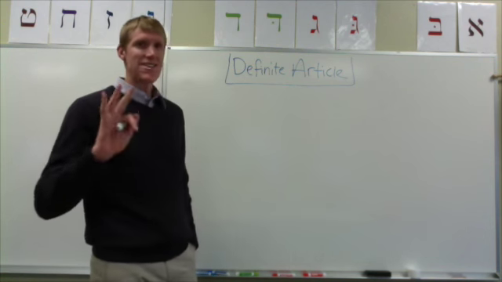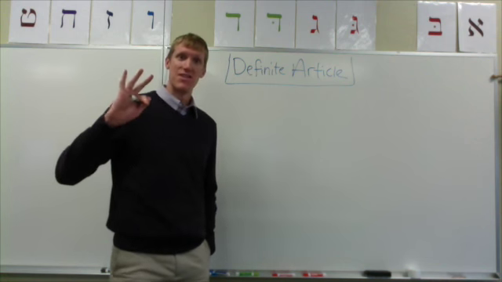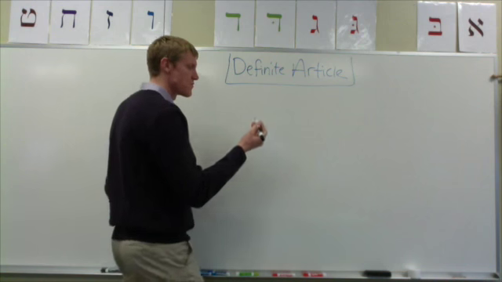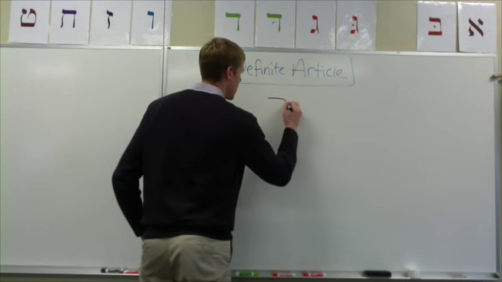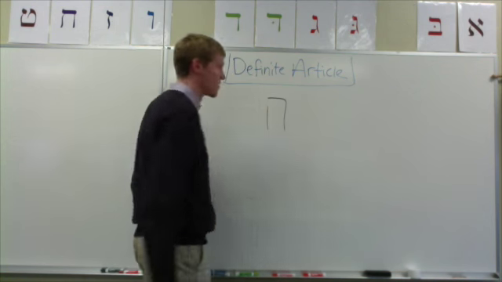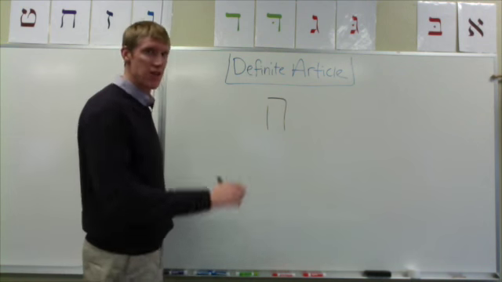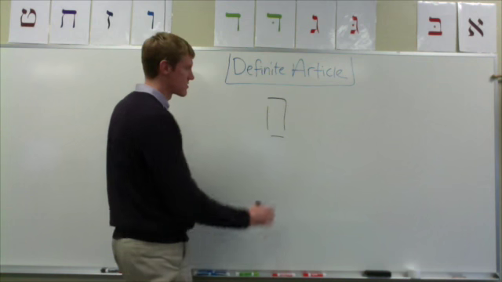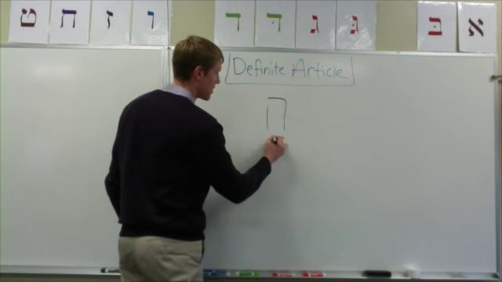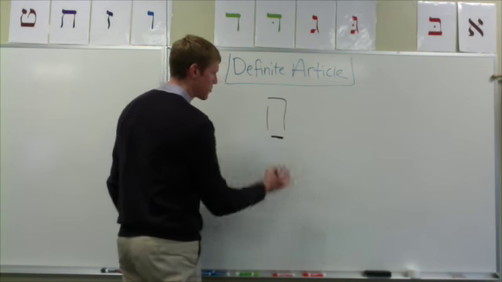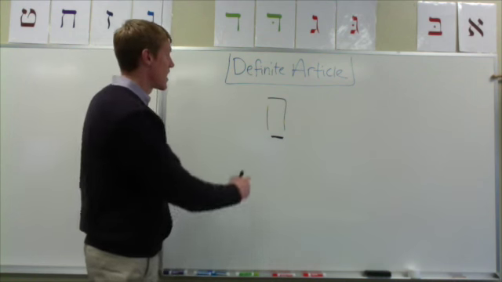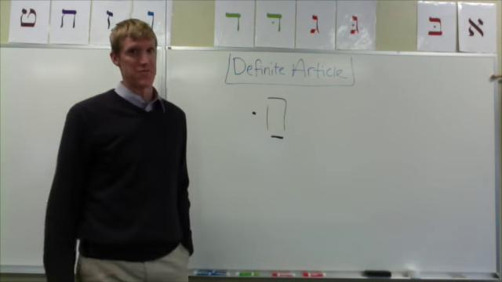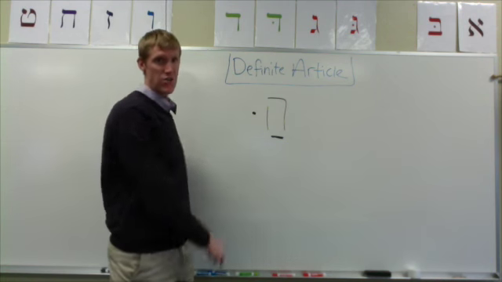There are three signs of the definite article in Hebrew. They are the letter He, followed by a patach and a dagesh forte in the next letter.